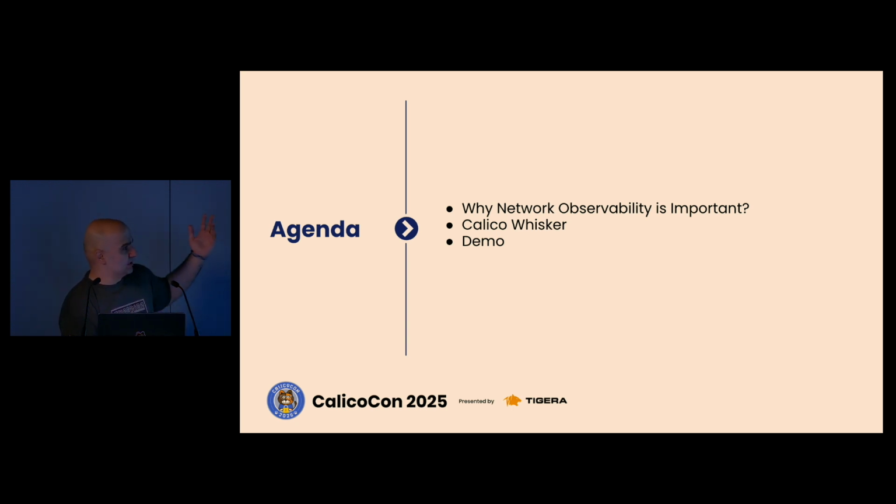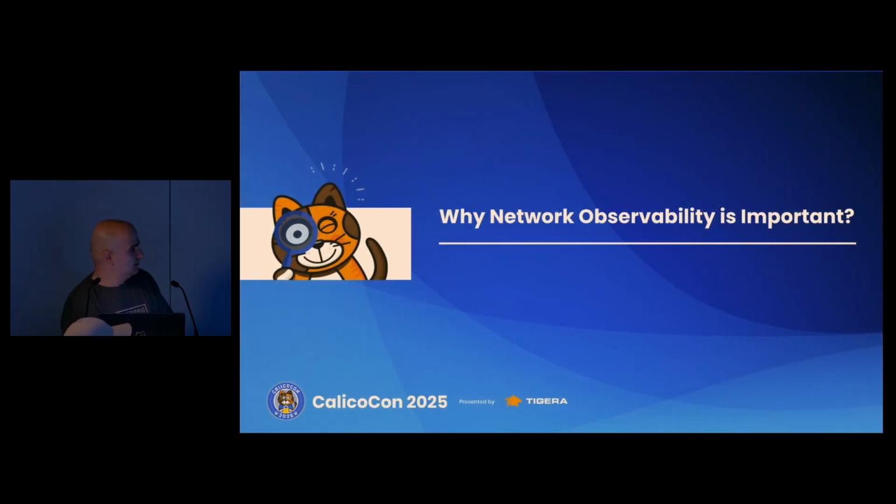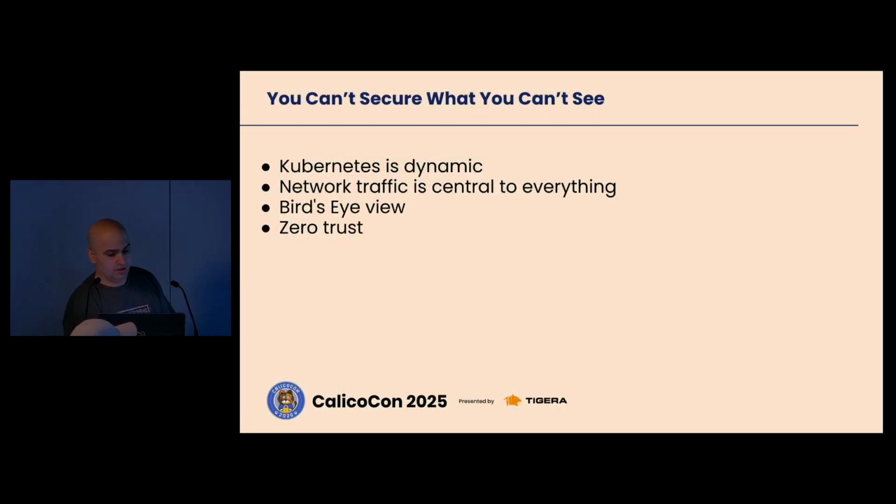We're going to start with why network observability is important, then talk about Calico Whisker, how it ties to observability, and the demo. So let's just start.